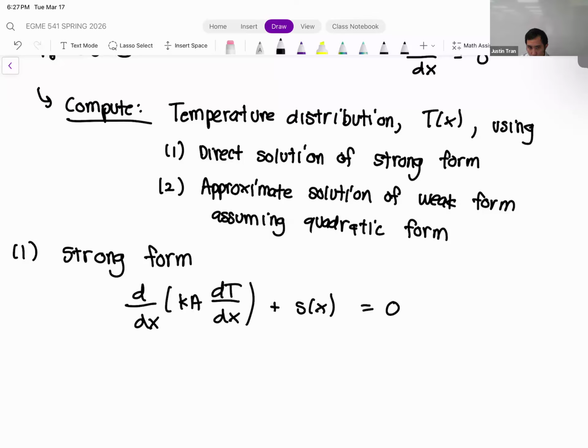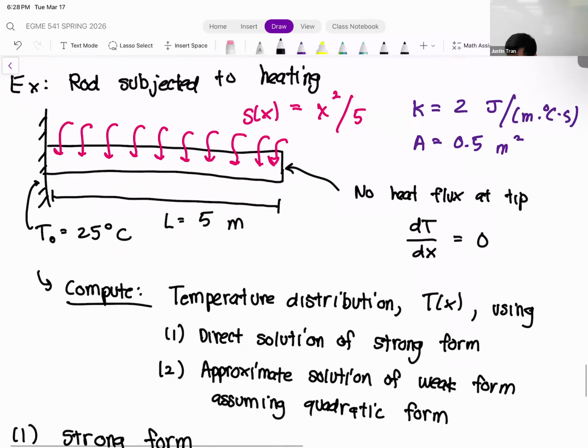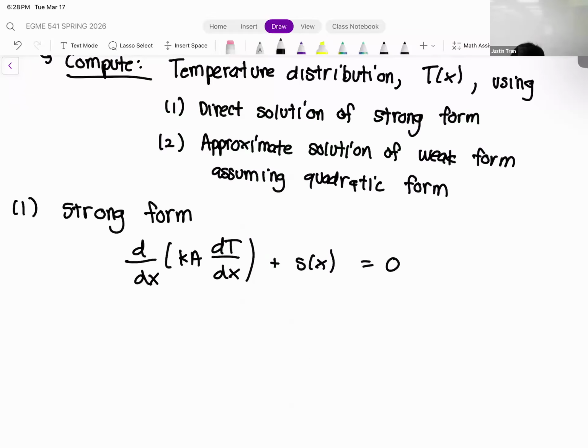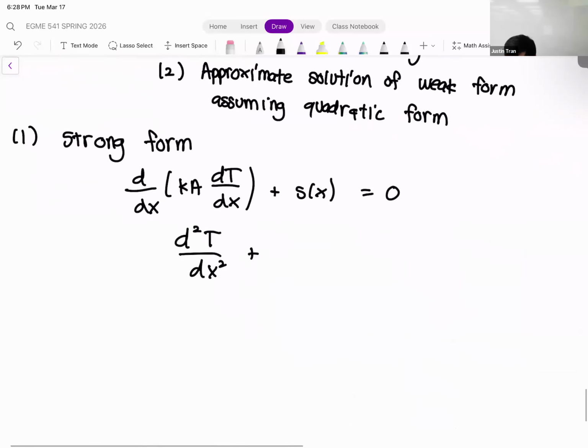All right, so let's go ahead and plug in for all of our properties here. So k times A, conveniently, k times A is going to equal 1. And so the first term here, we have d squared T/dx squared plus s of x. So s of x in this case is x squared divided by 5.